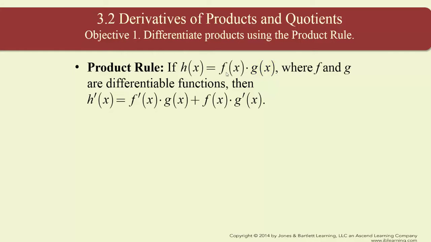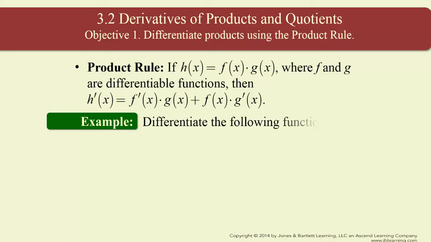So when you have a product, the derivative, so h prime of x, is the derivative of the first function, that's f prime of x, times the second function, plus the first function times the derivative of the second function. And you're going to hear me say that quite a bit. You're going to hear me say derivative of the first function times the second function, plus the first function times the derivative of the second function, because I kind of remember the product rule in that English form.